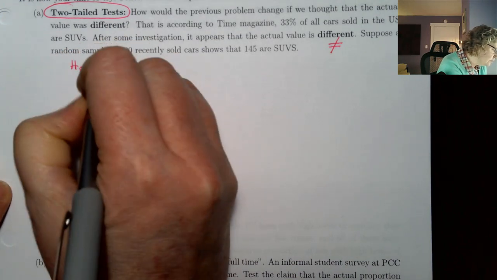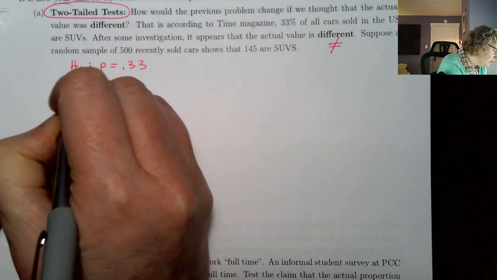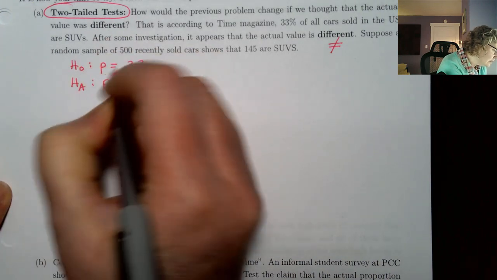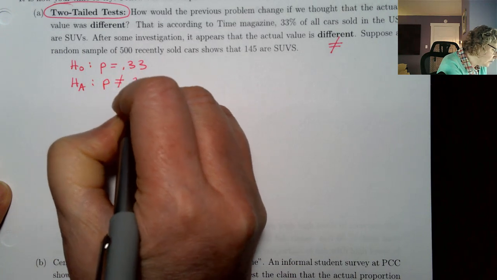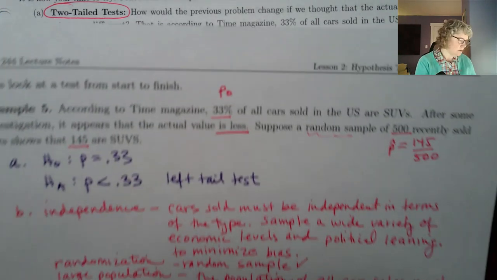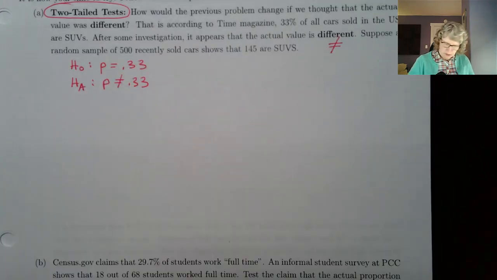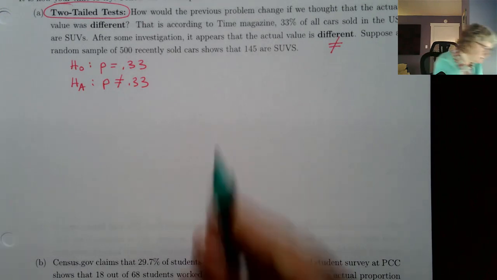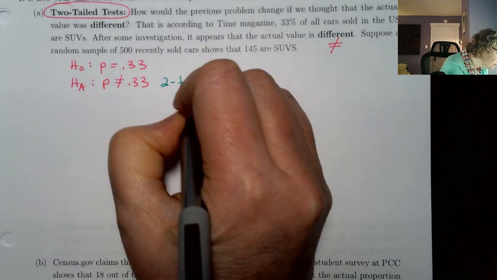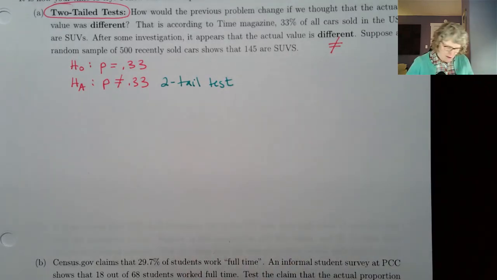Our null would be the same, p is equal to 0.33, but our alternate is p not equal to 0.33. Okay, and here's the one we wrote out before. So instead of a left tail test, this will be a two-tail test. I guess it says that right there. Doesn't hurt to write it again.